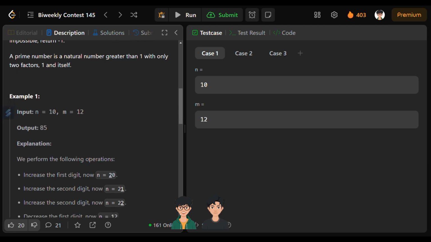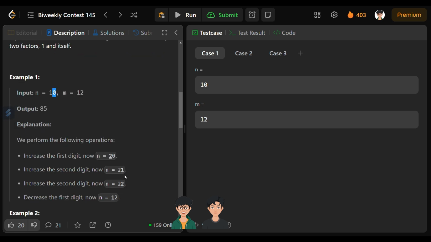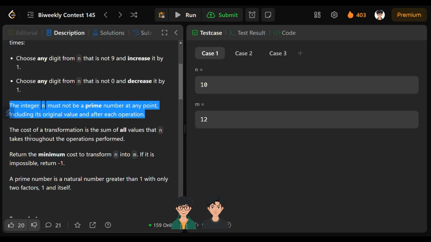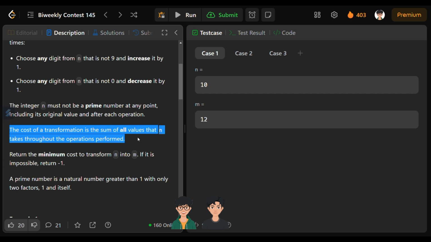Let's say we increase the second digit, that is, let's change 0 to 1, it becomes 11, but we cannot do this transformation because 11 is a prime number, so this transformation is not allowed. And at each transformation the cost is basically the sum of the values. For example, if I go from a number n to n1, the cost is n plus n1.